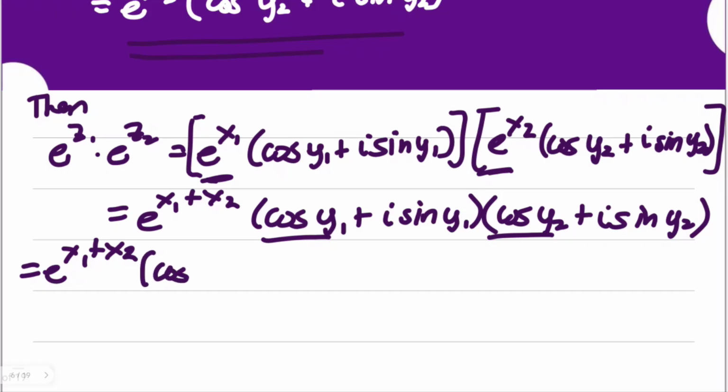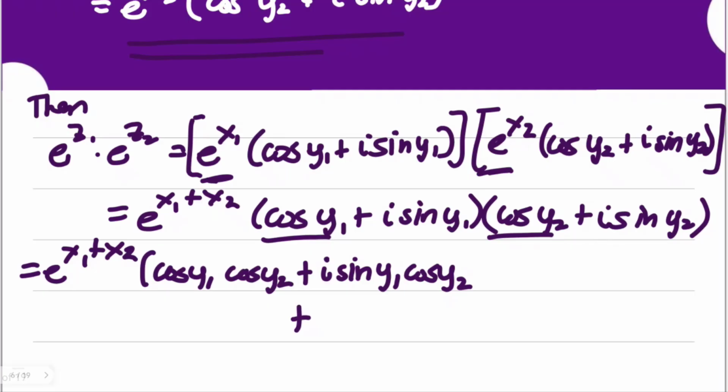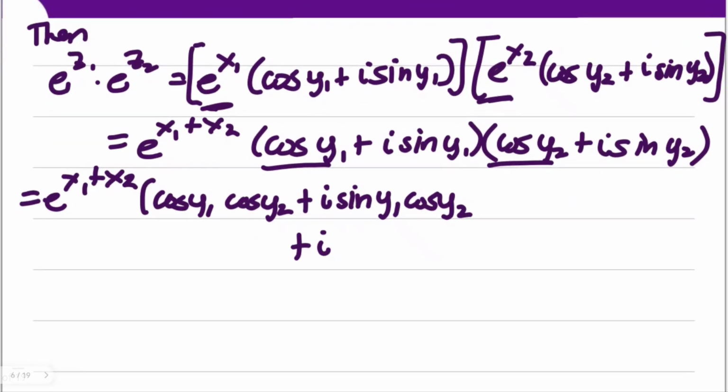So this one and that will become cosine y sub 1 cosine y sub 2, the first terms, plus i sine y sub 1 cosine y sub 2, the outer terms, plus i sine y sub 2 cosine y sub 1, the inner terms, or you can rearrange this so that all y sub 1s come first in every term: cosine y sub 1 sine y sub 2.